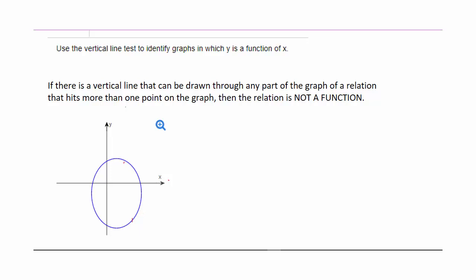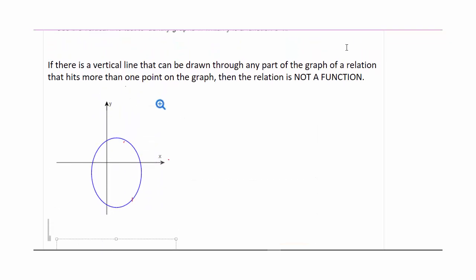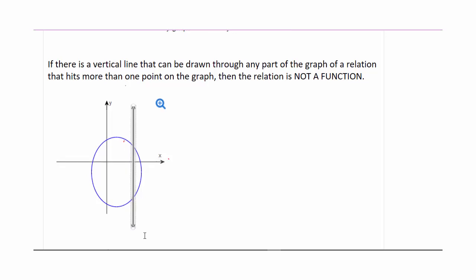Since I hit more than one point on the graph by drawing a vertical line through this relation, this fails the vertical line test, VLT, vertical line test.